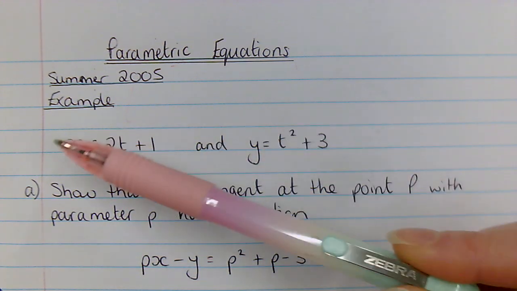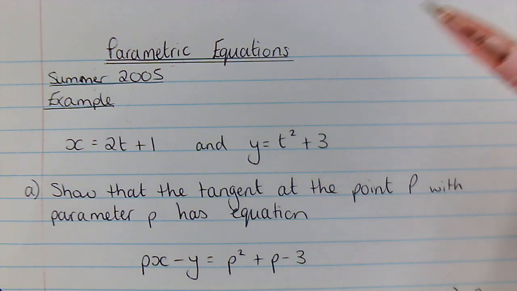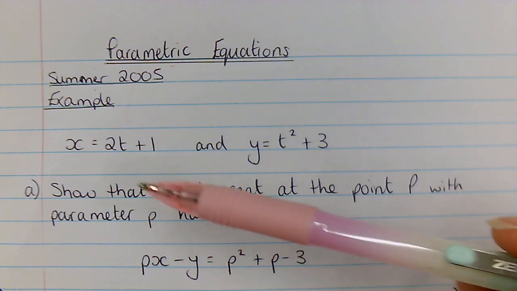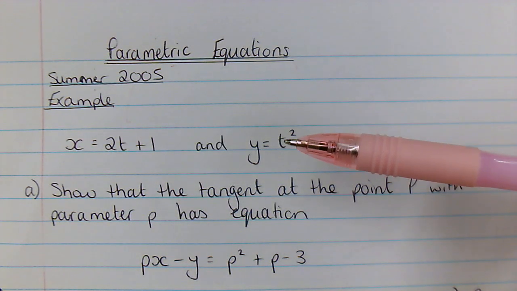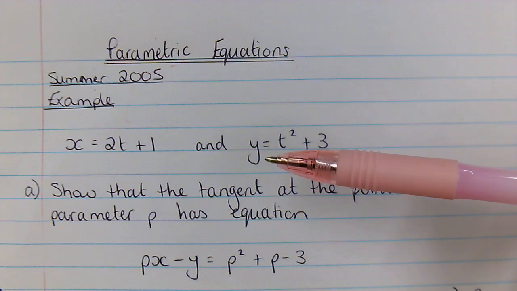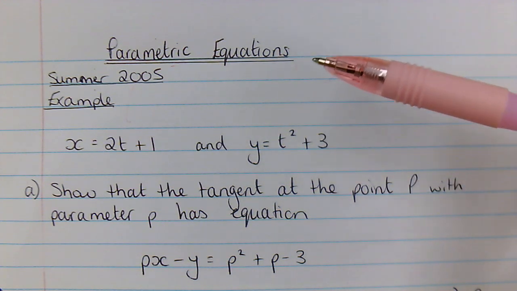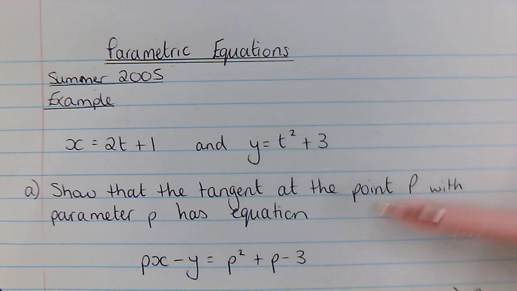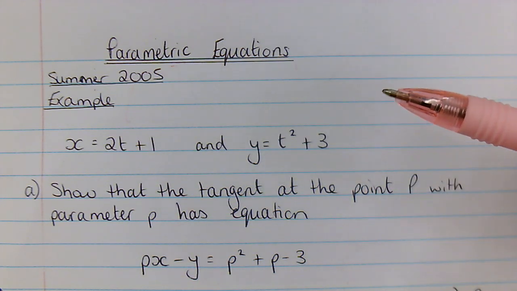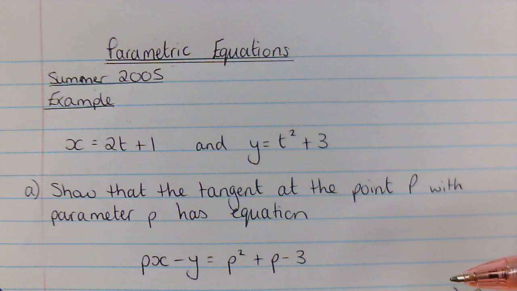So the parameter at the moment is t, but once we're talking about the parameter p, all we would do is replace the t's with p's. It doesn't really matter at what point you substitute the t's for p's. I tend to work with t's initially and then substitute the p's in later on in the question, but it won't make a difference to your actual answer.